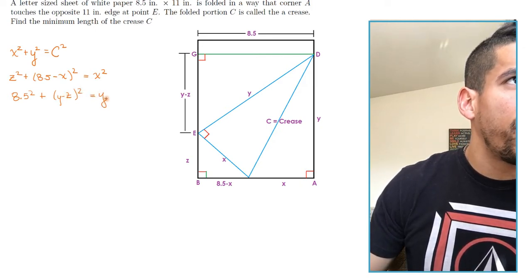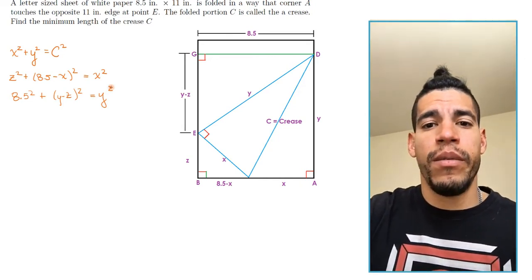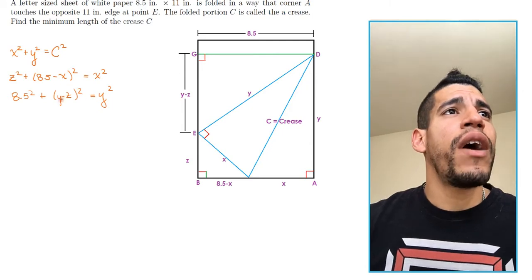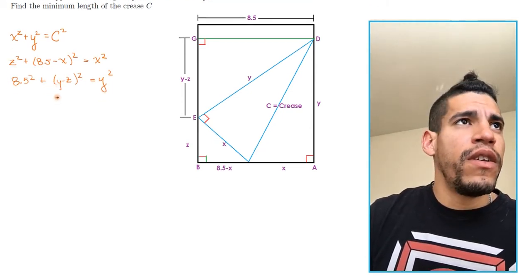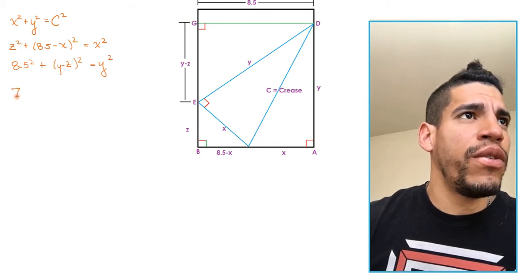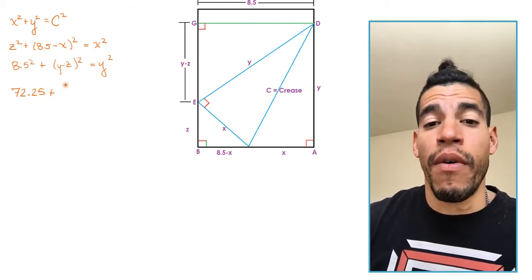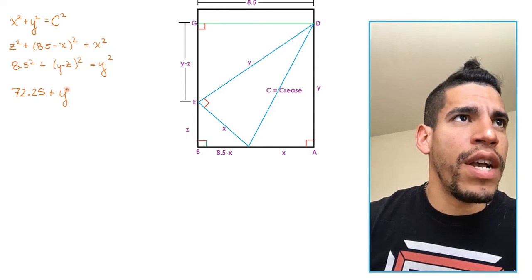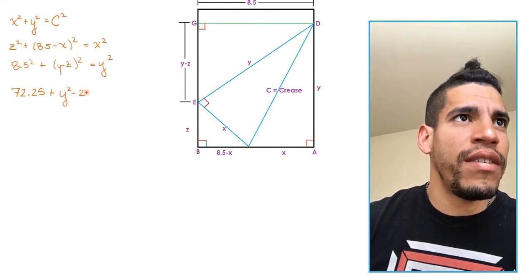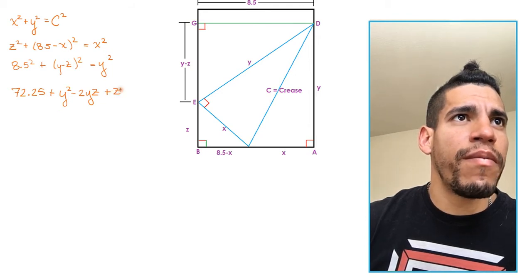Let me put the camera over here so you can see me. Now we're going to start with this one. We have 8.5 squared, which is 72.25, plus (y minus z) squared. We FOILed it, right? You get y squared minus 2yz plus z squared equals y squared.